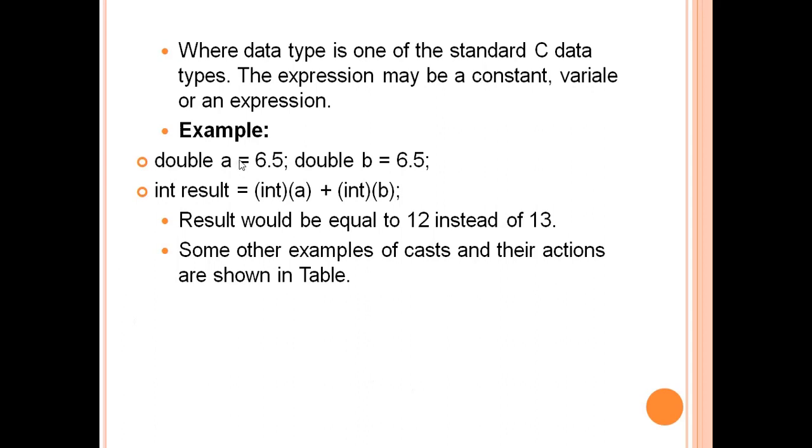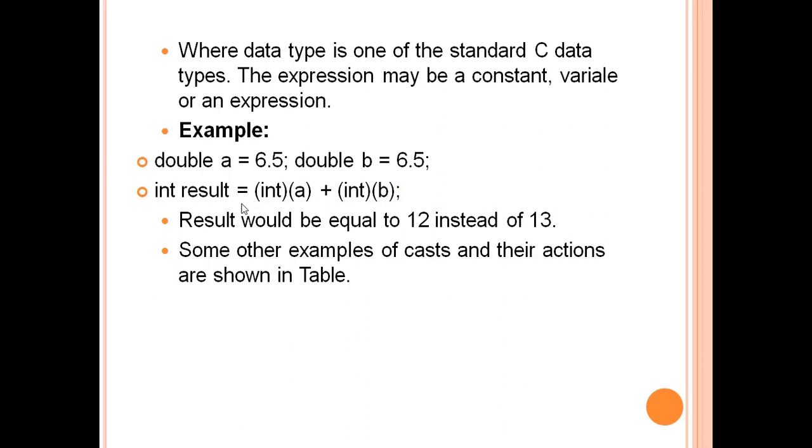Here A is a double value, that is 6.5, and B is also a double value 6.5. This expression is the cast operator with int A plus the cast operator with int B. This converts 6.5 to integer, and this converts 6.5 into integer. The integer equivalent for 6.5 is 6, and the integer equivalent for this 6.5 is also 6.